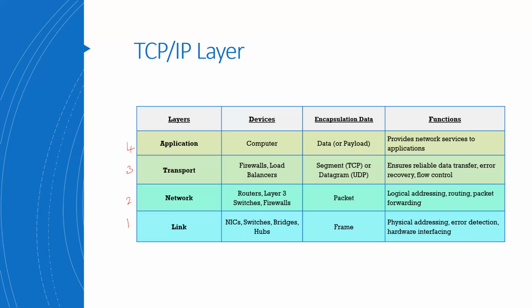For file transfer, we use FTP and SFTP, which is SSH File Transfer Protocol, to transfer files between devices. And for remote access, SSH and Telnet use TCP/IP for remote access to devices.